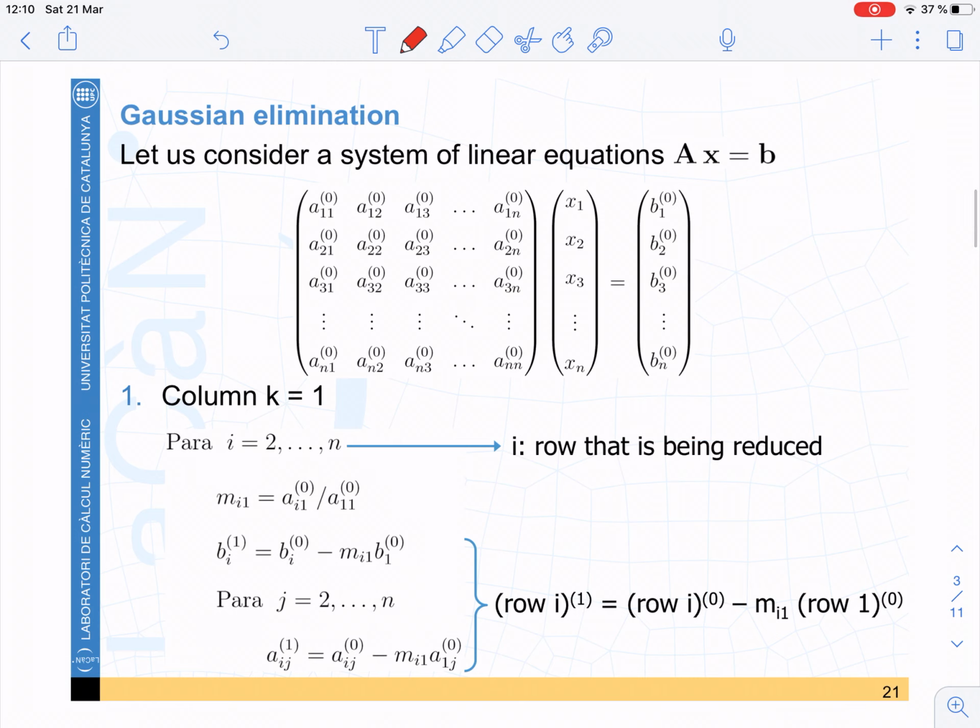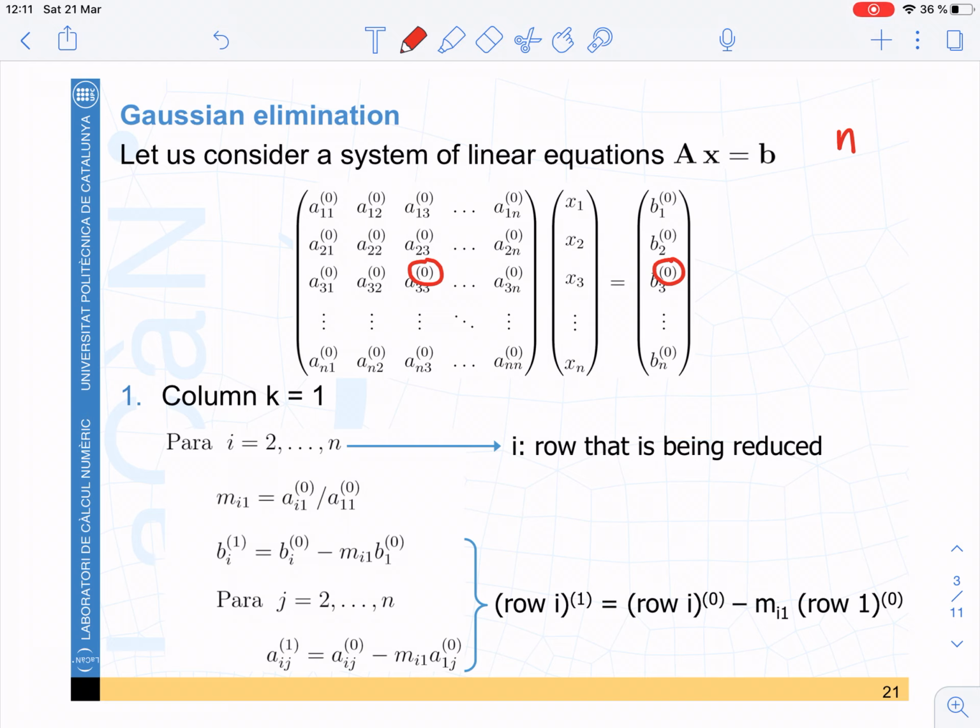Of course, this idea is general and may be applied to a linear system of equations Ax equal b of any dimension n, as illustrated here. Let us note that we're using superscript 0 both for the matrix and for vector b to denote that these are the original values of the components.